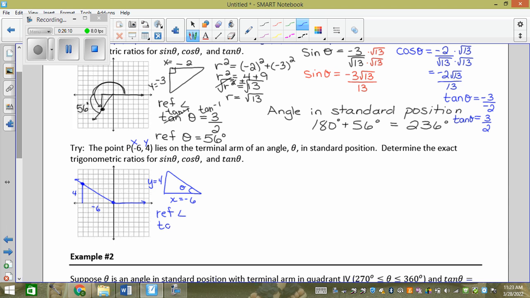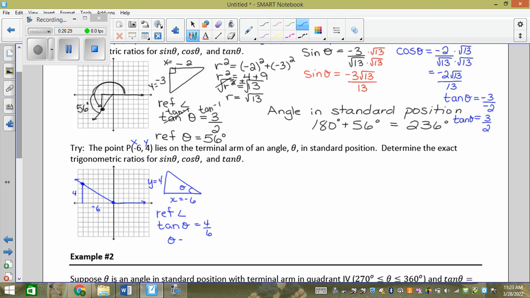I do tan theta equals tan your x box. So do I go 4 over negative 6 when I'm finding the reference angle? Do I go 4 over negative 6? When I do the reference angle, I always do positives. So I'm going to go 4 over 6.